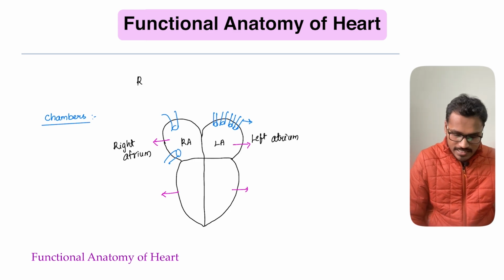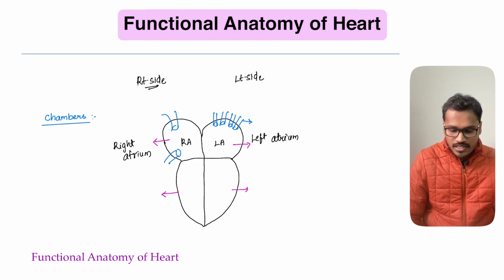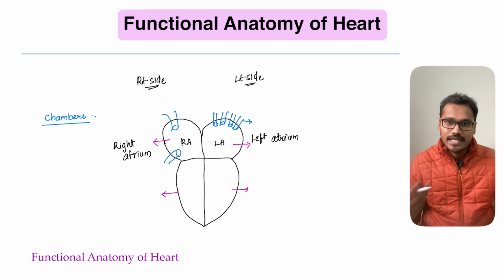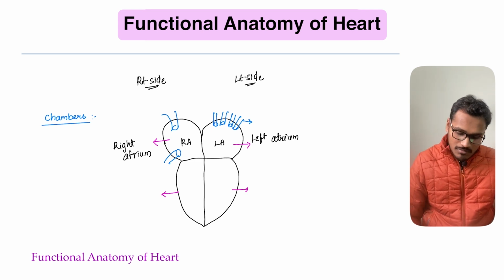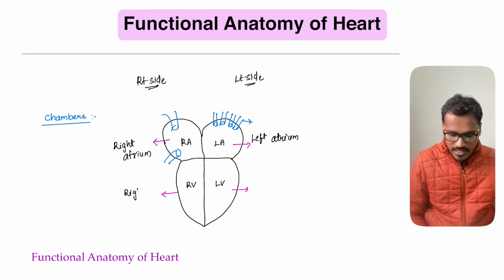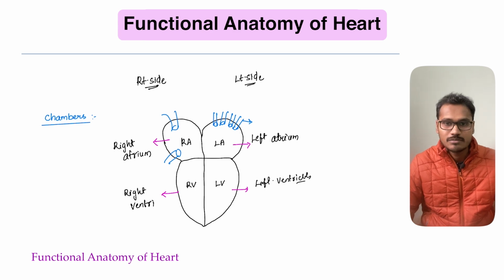For all our discussion purposes, this will be the right side and this will be the left side, and these diagrams will come back again and again throughout the lectures. And coming to the ventricles, this is the right ventricle and the other side is the left ventricle. So these are the 4 chambers of the heart.